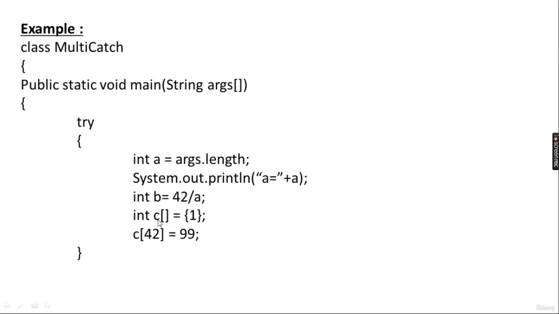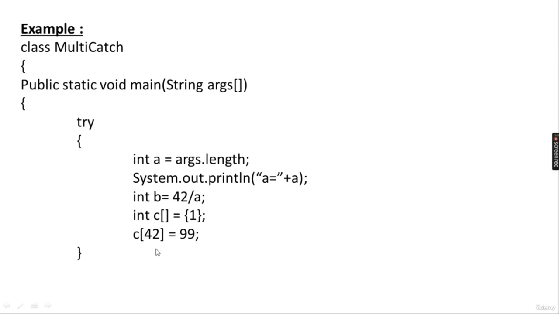Then an array c is created with one element, and at position 42 of c, I am trying to write 99. Since c has only one element, its length is only one, it will not allow me to write to index 42. But still I am trying to write it, and I am writing it inside the try block.